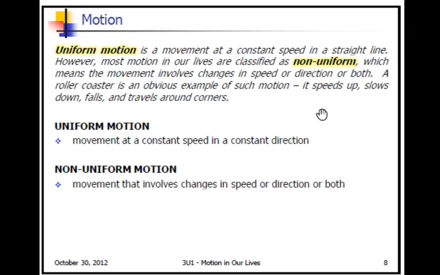So uniform motion is constant speed in a straight line, but most motion you would experience is non-uniform. That's where we would have acceleration, things that slow it down, things that speed up. Moving around a curve is acceleration as well. So copy down the definition for uniform motion. That's motion or movement at a constant speed in a constant direction. And non-uniform motion is movement that involves changes in speed or direction or both.